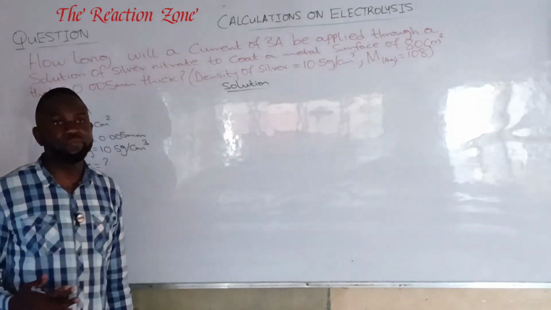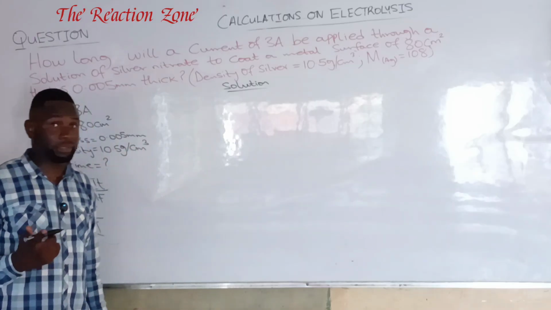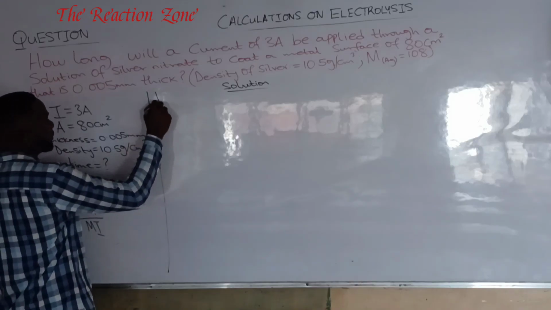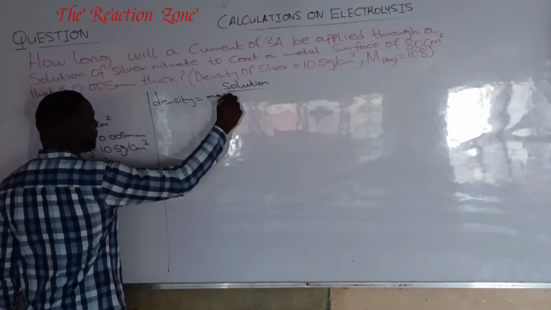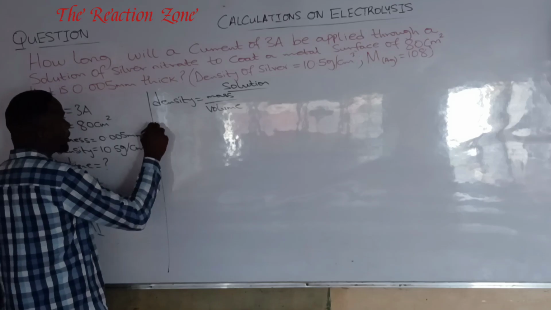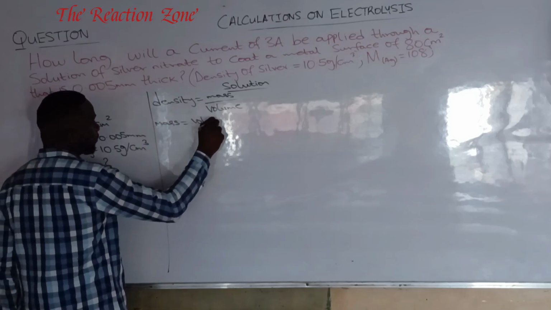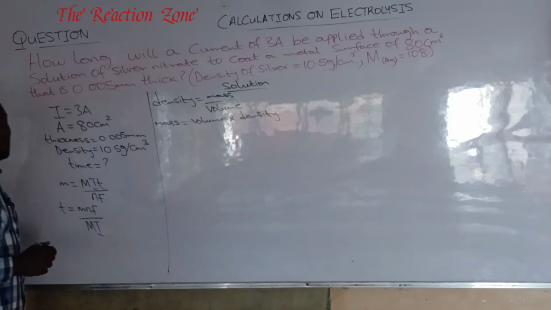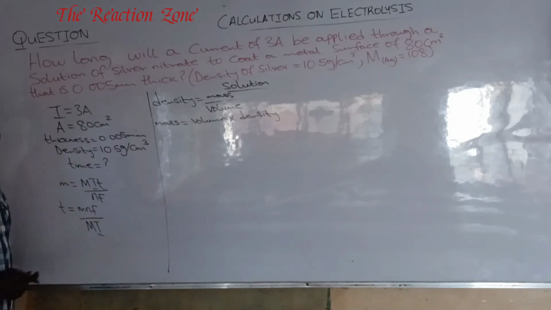However, we have some parameters in the question that can help us to find the mass. Now, if we look at this question, we are given density. And let us recall that density is equal to mass over volume. So, which means that mass is going to be volume multiplied by density. Now, the value of density is given, but we don't know what the volume is.